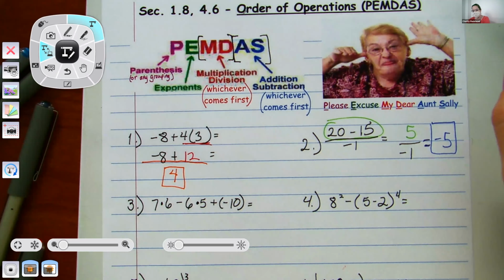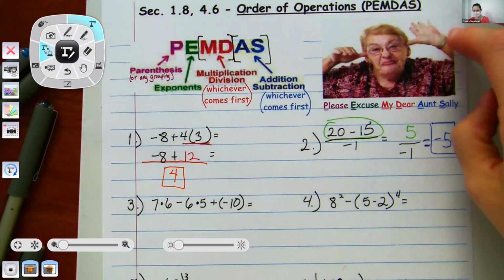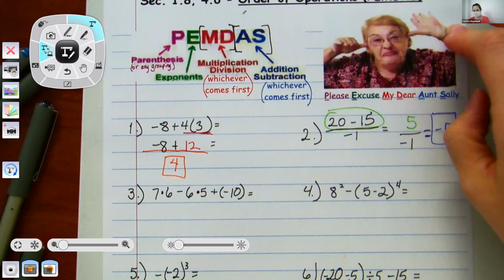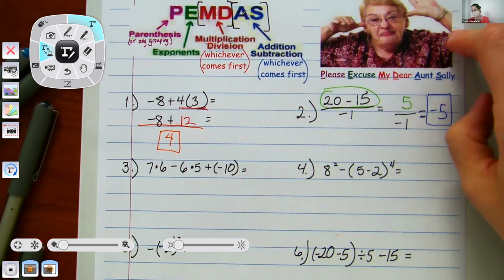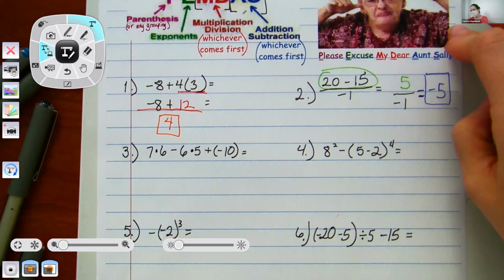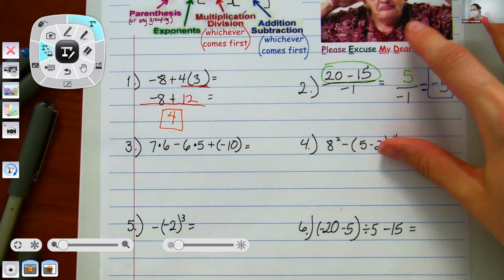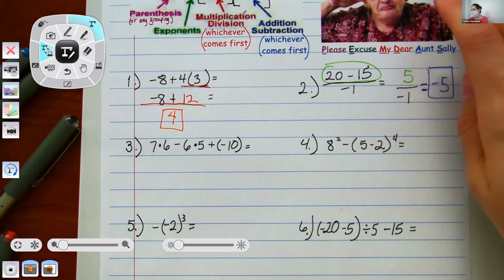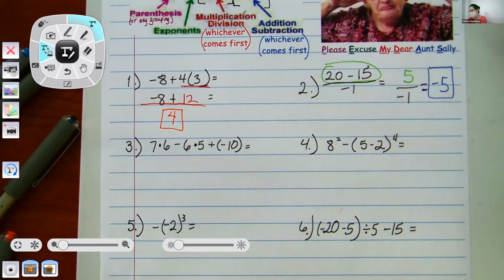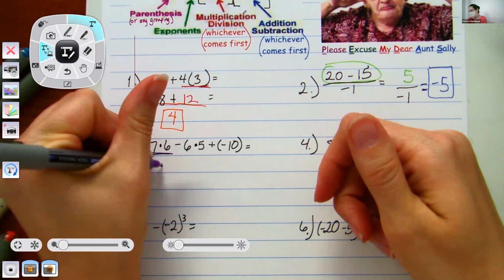On number 3, again, there's nothing on the inside of any parentheses that I need to do. So I just need to look at my multiplications. I'm going to multiply 7 times 6, and that gives me 42.